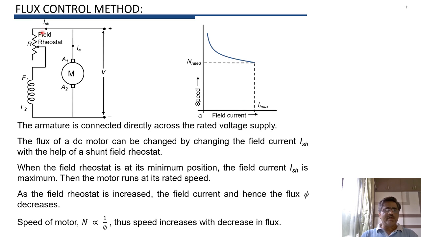And as we increase the field rheostat, speed goes on increasing. Means as we increase the field rheostat, ISH will reduce, phi will reduce, and speed will increase. So at the time of starting, this rheostat must be kept at minimum. Otherwise, there is a risk of rotation of motor at dangerously high speed.